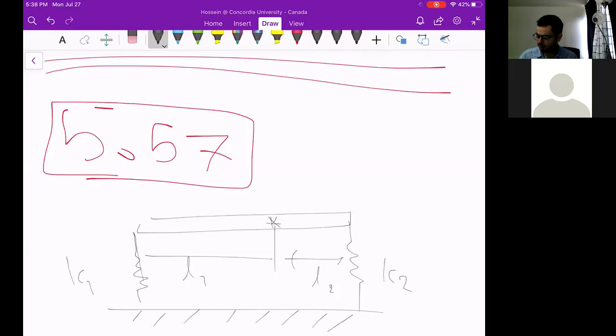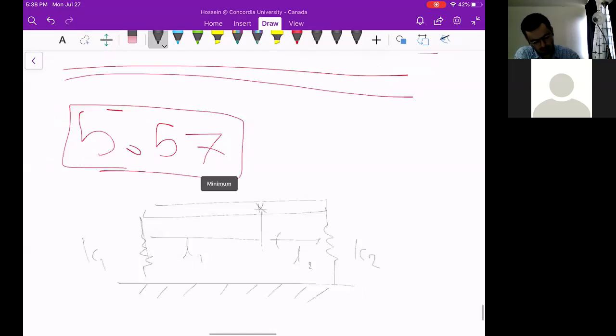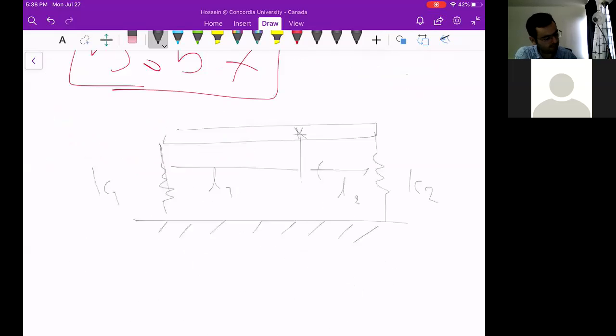For the system shown here, choose coordinates x1 and x2 at the end of the bar and determine the type of coupling this introduces. So basically we are given the displacement of the end of the uniform bar, and based on this coordinate we have to come up with the equation of motion and then see what type of coupling exists in the system.